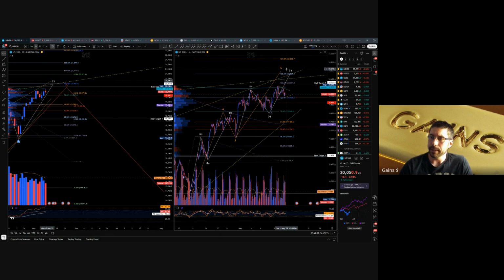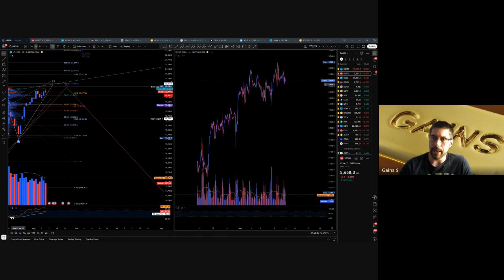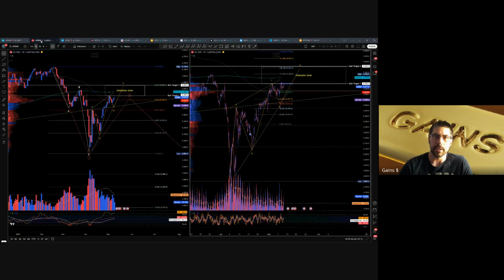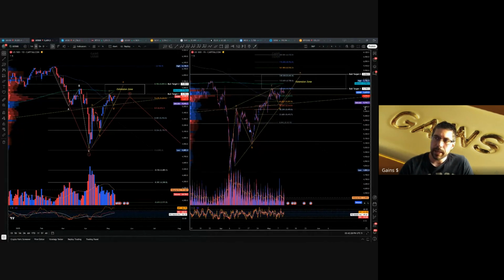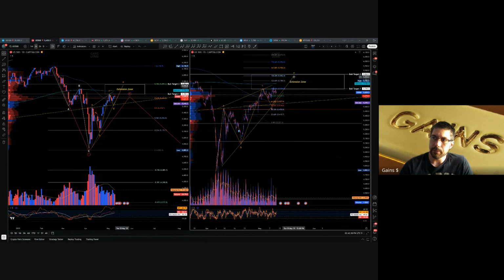So with that being said, if we take a look at the S&P, it's similar. We have some of the same drawings here, but again, I don't think this wedge is a really acceptable alternative.